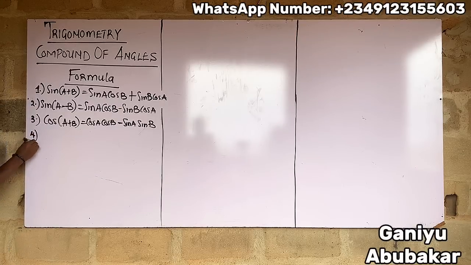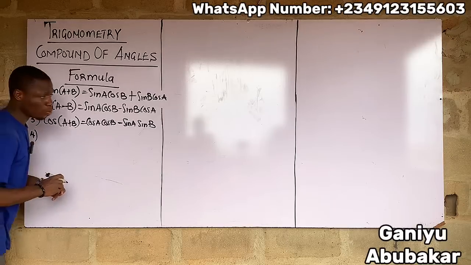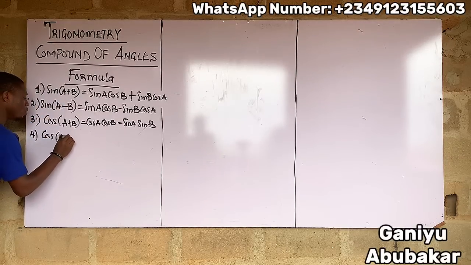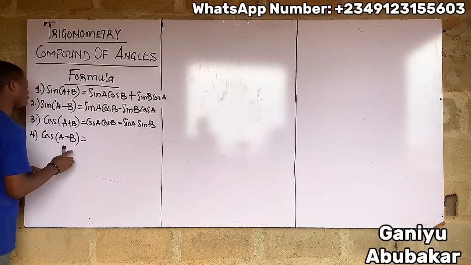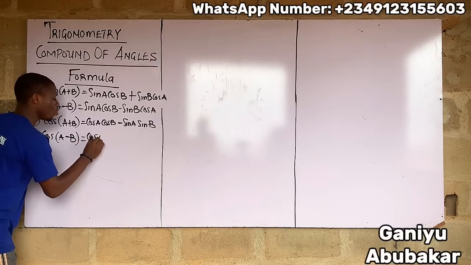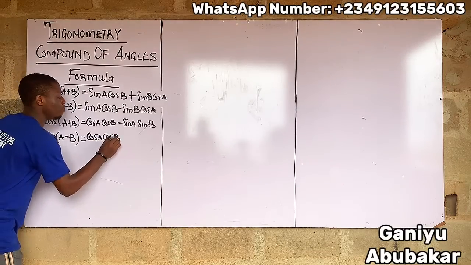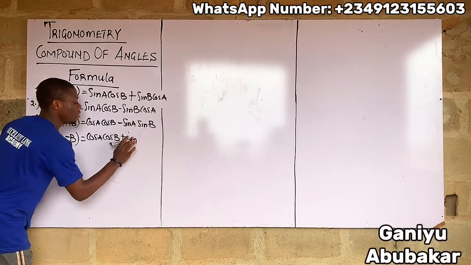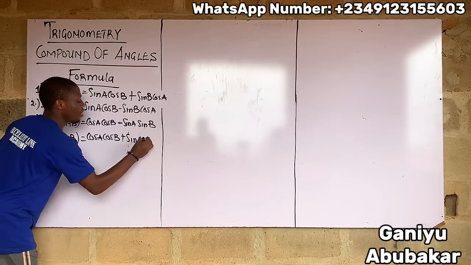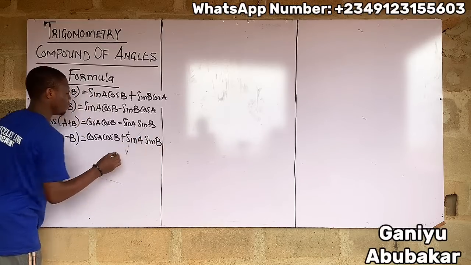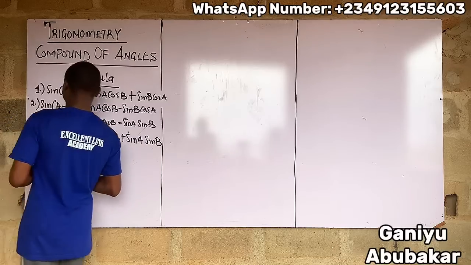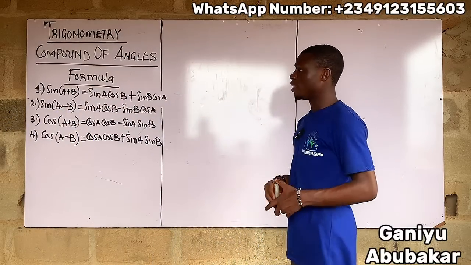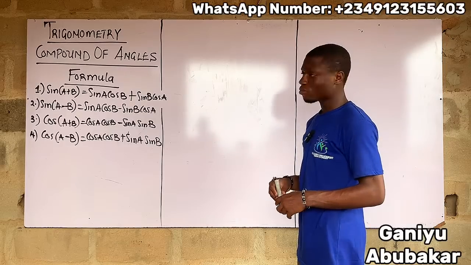Number 4, the formula under compound angle is what we call cos A minus B. For cos A minus B, I'll have cos A cos B plus sine A sine B. So I have these four compound angle formulas displayed in front of you.